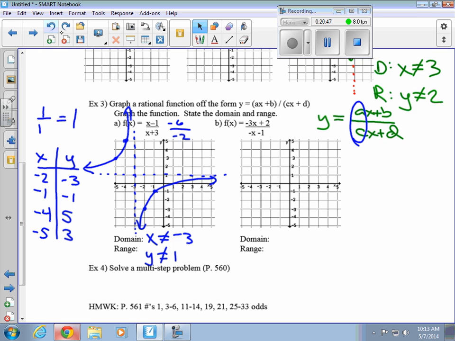Why do you think it's -1? Because we have the negative x out here, right? So it's going to be -1. Because if it was just x, it would be at 1, but since we have that -1 in here, it's going to move it to -1. Yep. So what is the horizontal going to be? -3 divided by -1, which is 3.